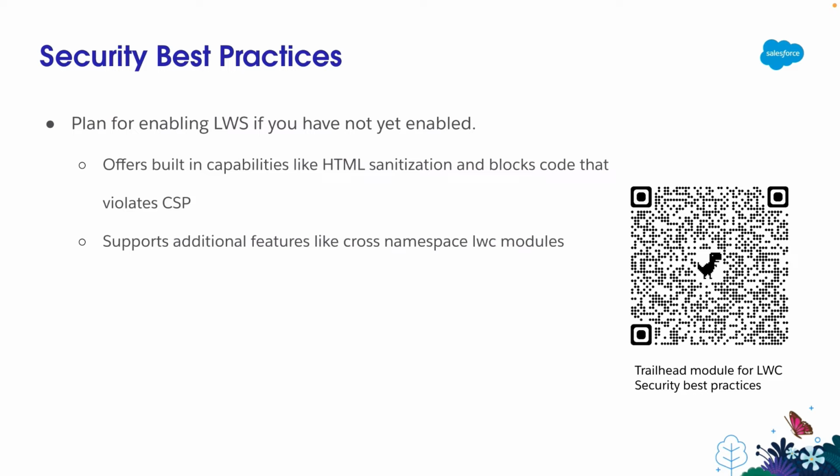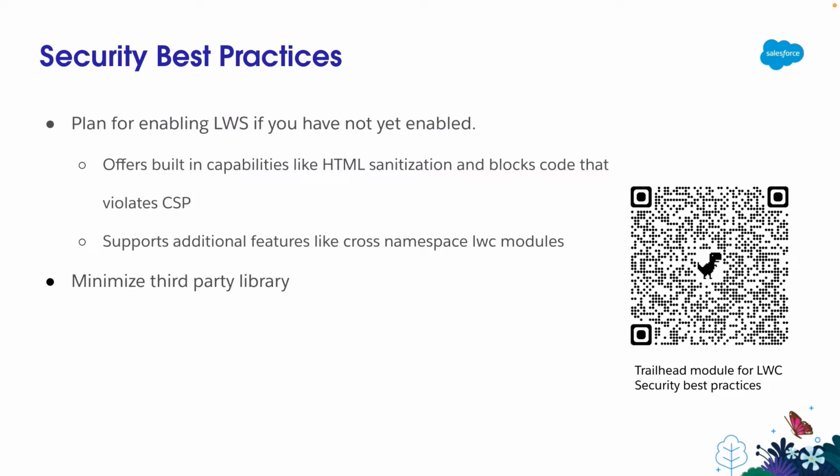Now, one other important feature that you get with Lightning Web Security is support for cross namespace LWC modules, which means if you have two different packages with different namespaces, you can reuse a component from one package within another package, even with different namespaces. So this feature gets automatically available to you via LWS.